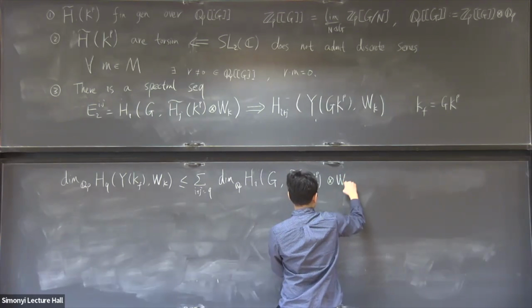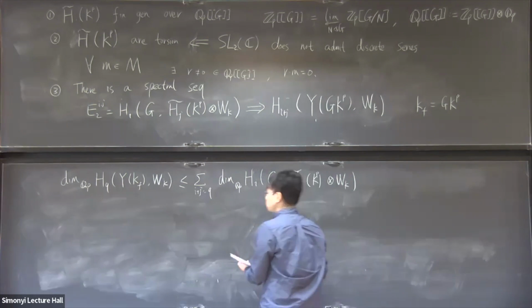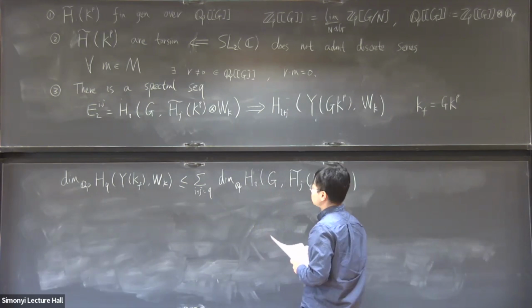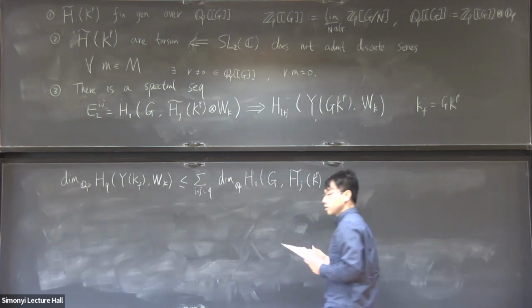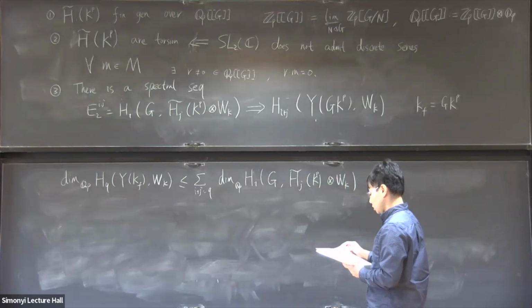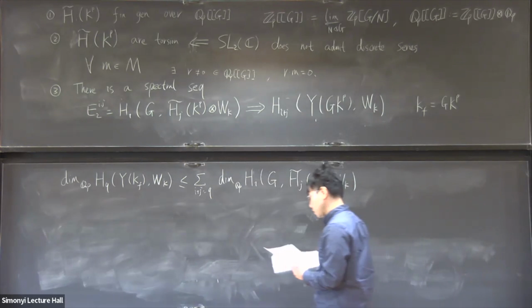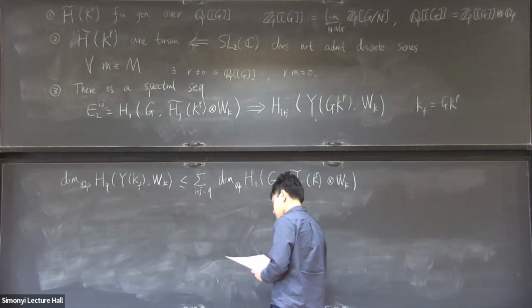So now it suffices for me to prove a local statement, ignoring these arithmetic properties of this completed homology, and I will state my local statement.